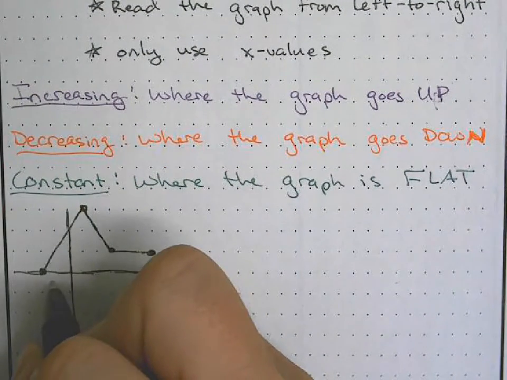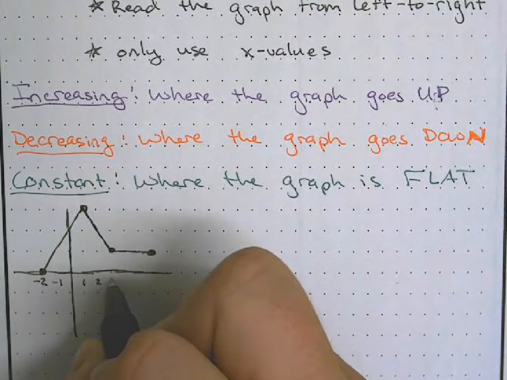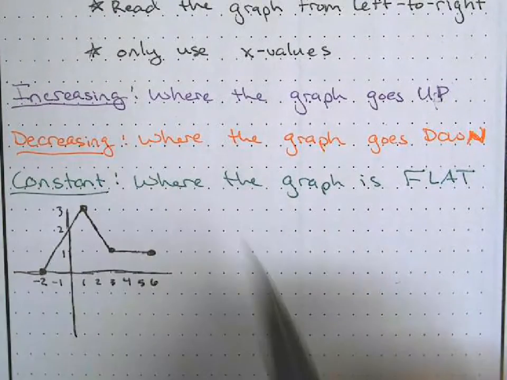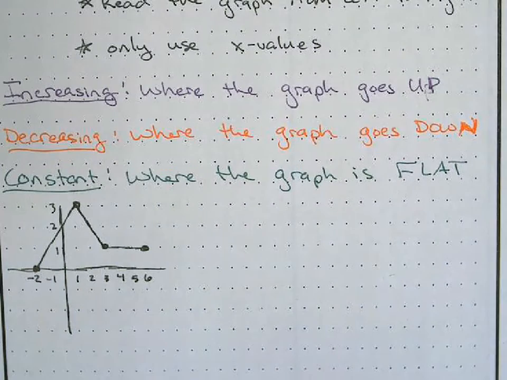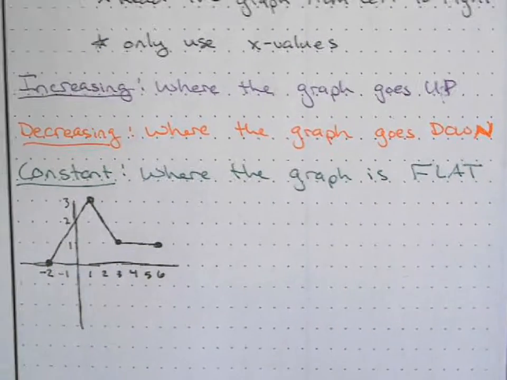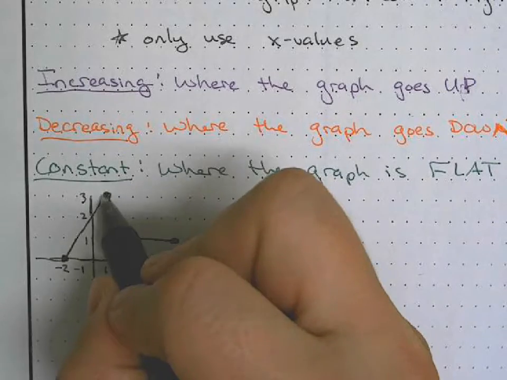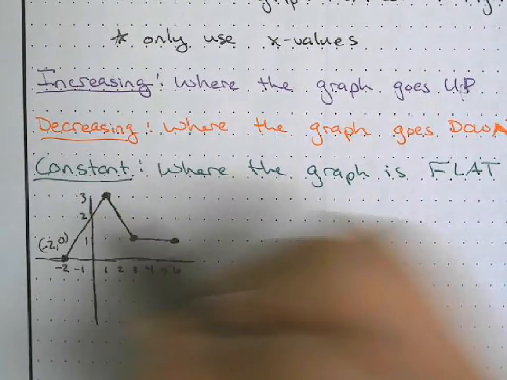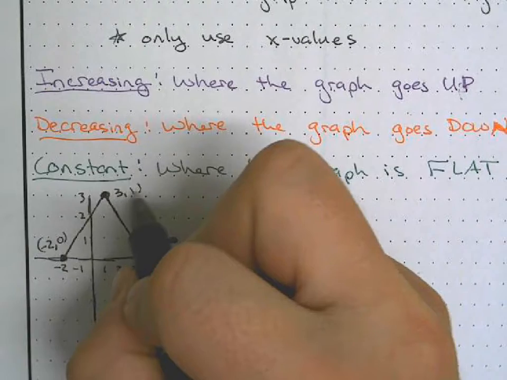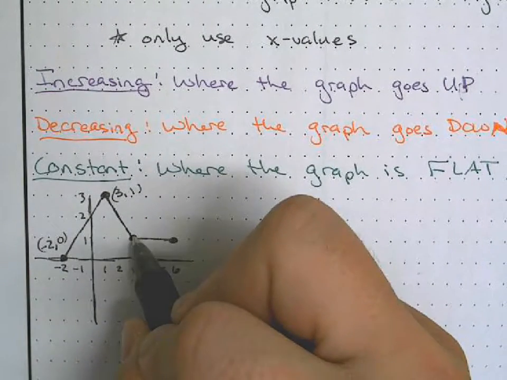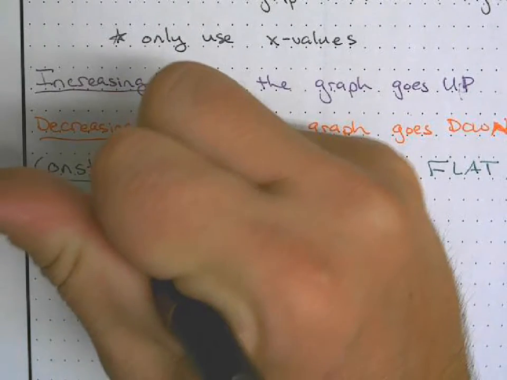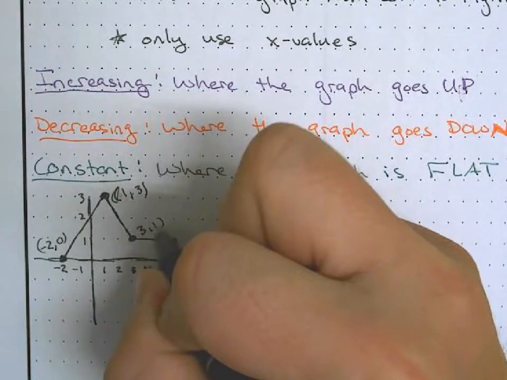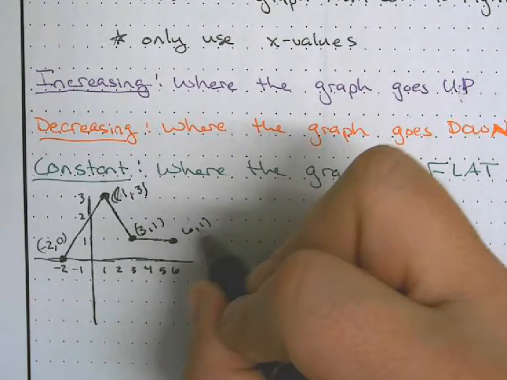Let's add some values in. If it's helpful, you can always label your points that seem the most important. That's going to be all these points right here. So this is negative 2, 0. Right here we have, oop, got that backwards, 1, 3. Sorry about that. So this is 1, 3. And this is 3, 1. And then our last point would be 6, 1.